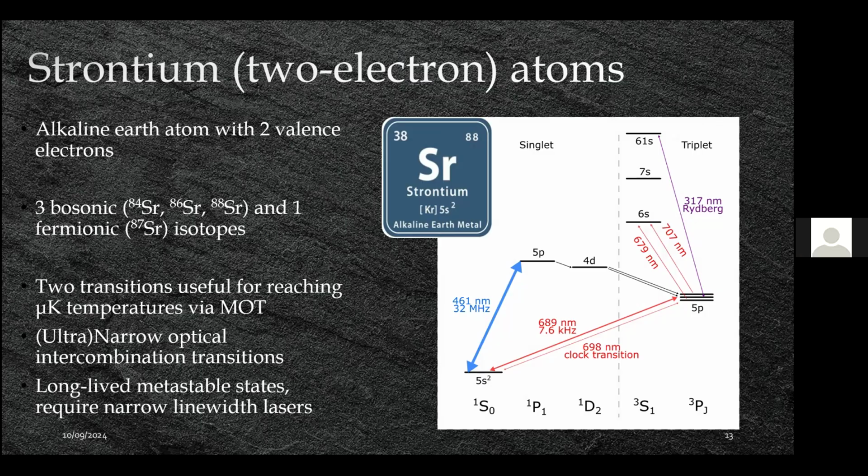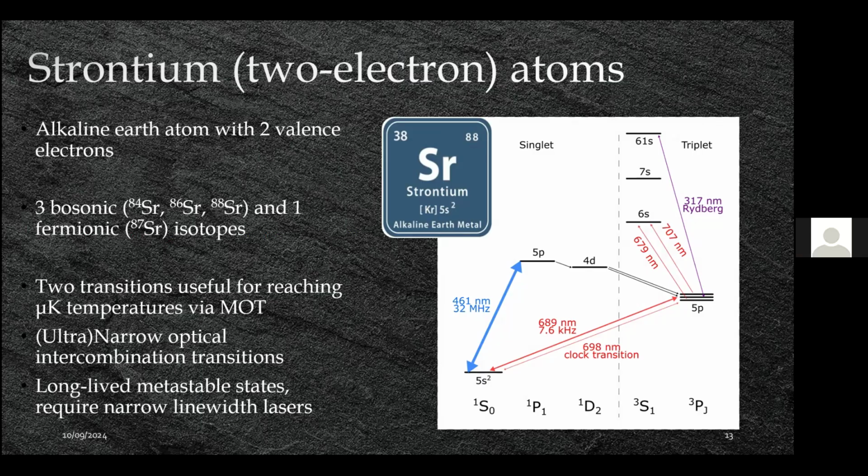It offers 2 main transition lines. The blue one is the first step with which we cool down, and afterwards we will go with absorption and fluorescence imaging.